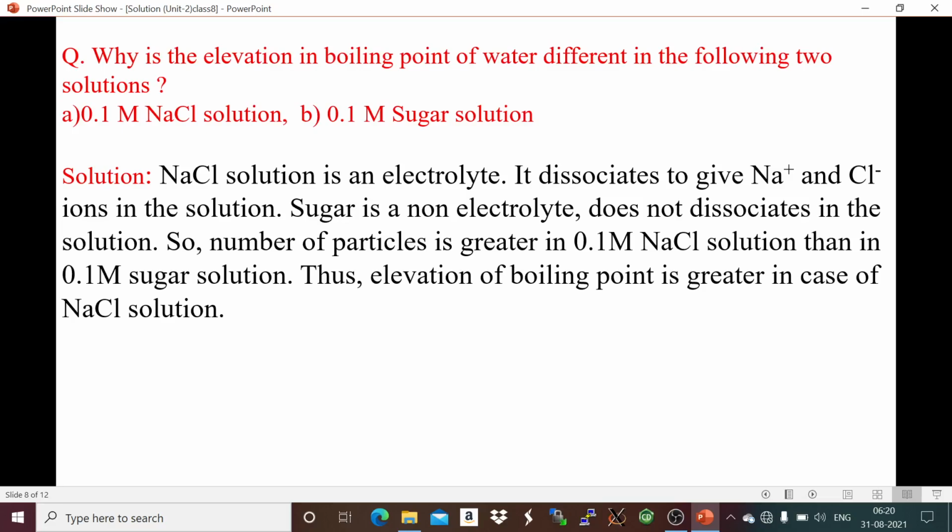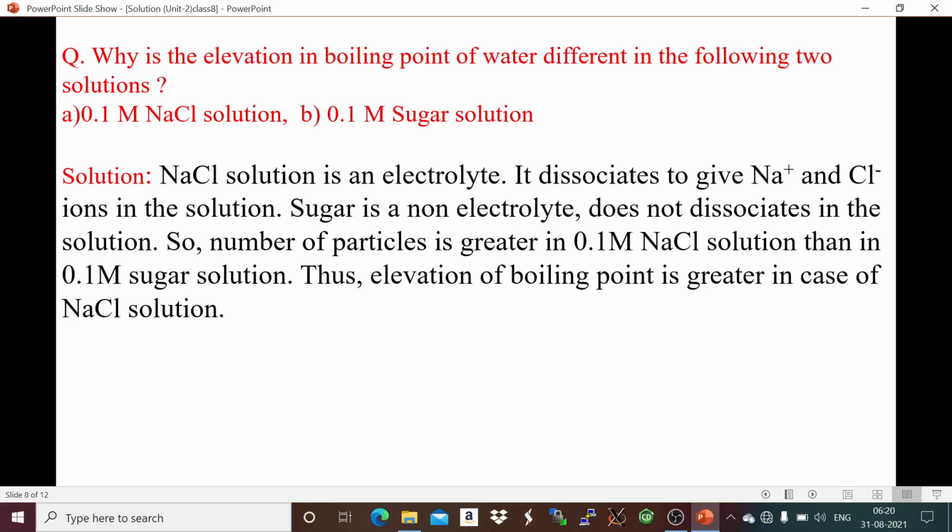If we take the same moles of solute, irrespective of their nature, they will show the same colligative property value. But if the solute undergoes association or dissociation, then we will get abnormal molar masses, due to which the colligative property value will change. So here we have to consider this factor, that is dissociation in the case of the electrolyte sodium chloride.